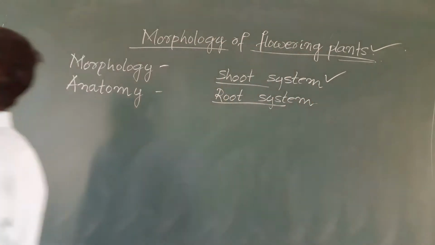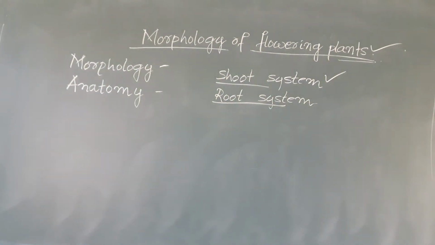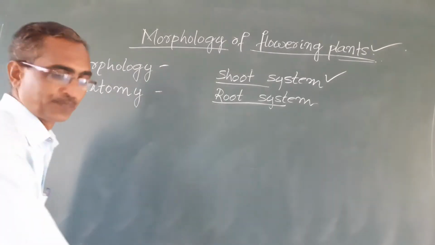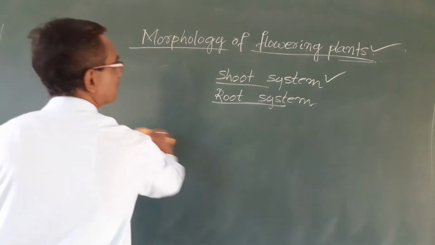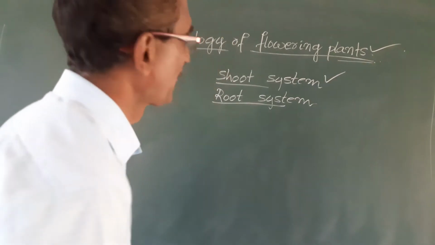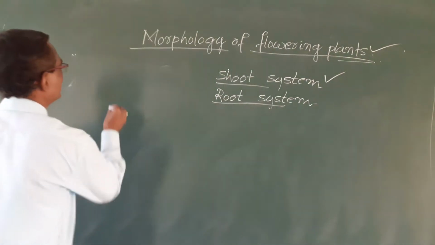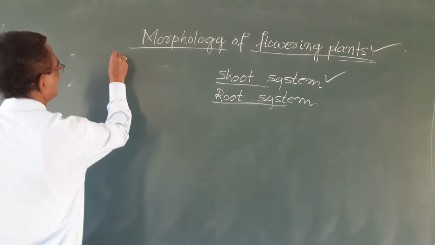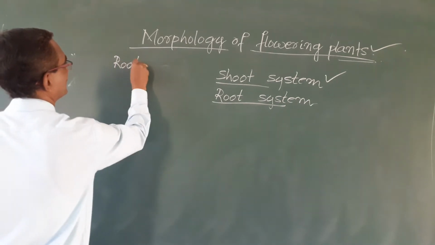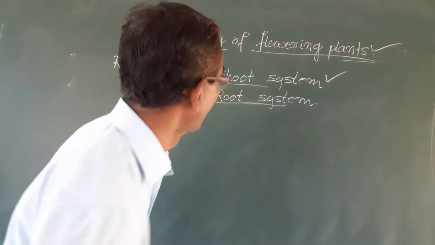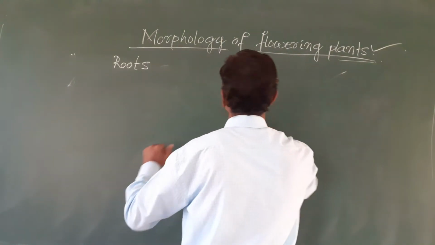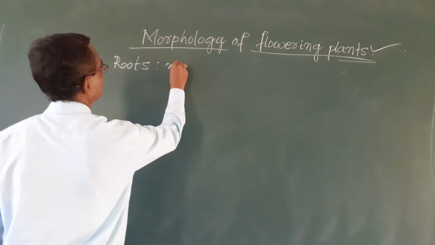Let us discuss the modifications one by one. So in plants we have roots, stem, leaf and flower. Now we will discuss the modifications in roots.